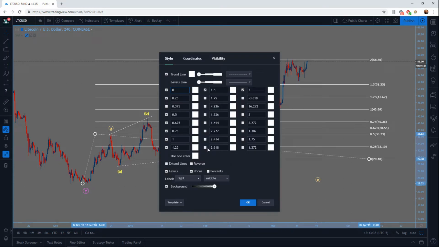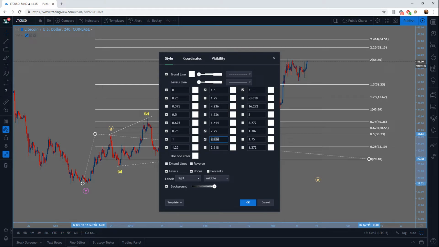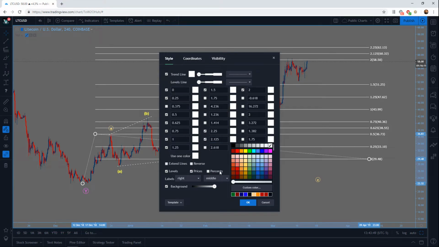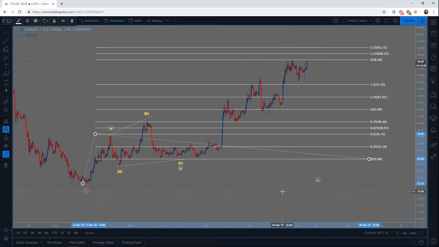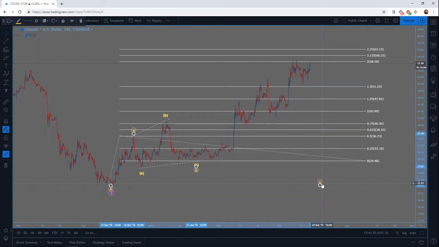Let me add a couple more levels here. So we're looking for the completion of the C wave.